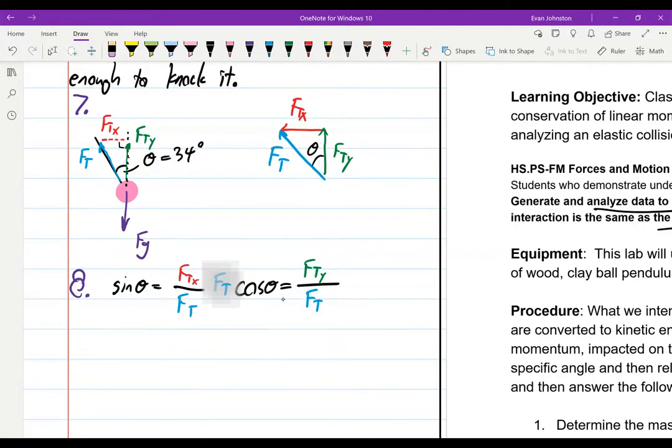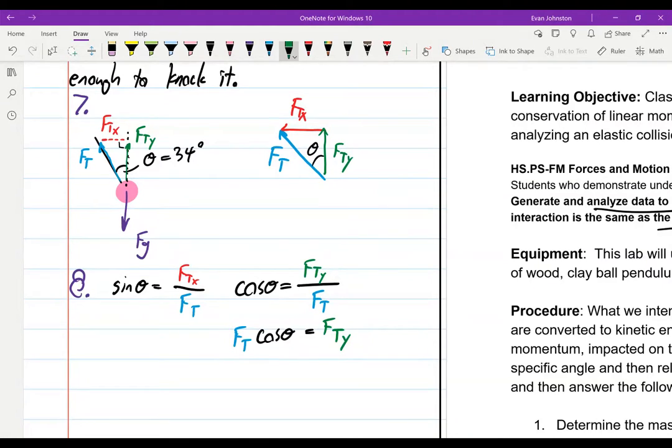So I could multiply both sides by it, and there it is, force tension in the y is alone. And I could do the same likewise with the x, and then the x would be alone by just multiplying by force tension on either or both sides. And so for sake of continuing this, I'm actually going to rewrite the cosine one because I know this is the one that we're going to need.